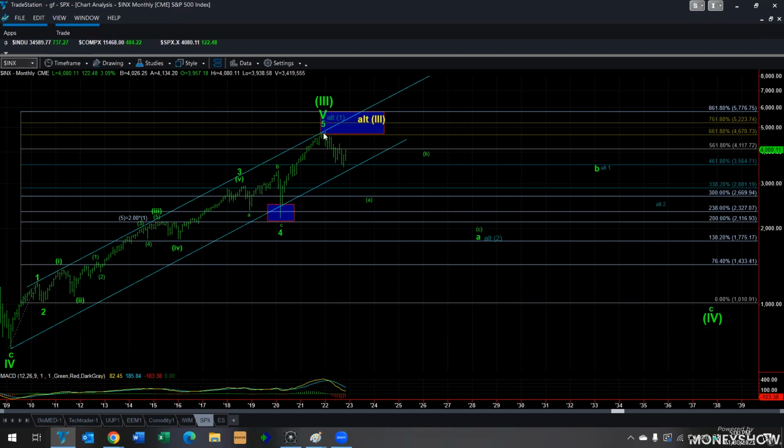Perfection in the market is almost impossible. Will I hit my targets to the penny at times? Absolutely. But just like that 2200 target I had on the S&P 500, we missed that by 13 points. When I missed the top in gold, my top was 1915. We topped at 1921. But that's generally hitting the target.